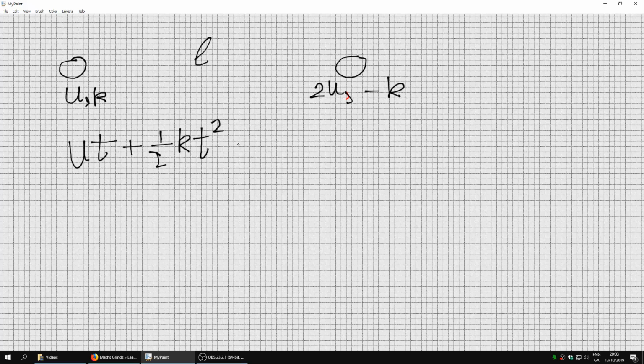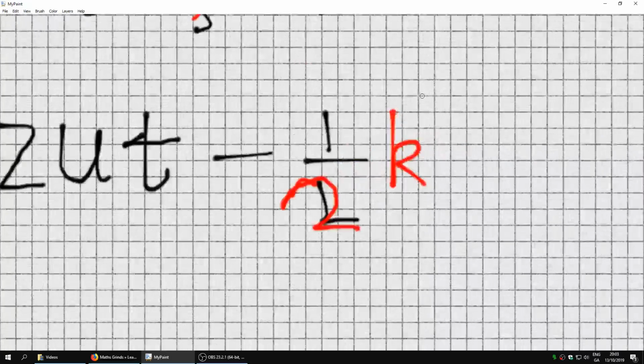The distance traveled by the second particle is ut plus a half k t squared.